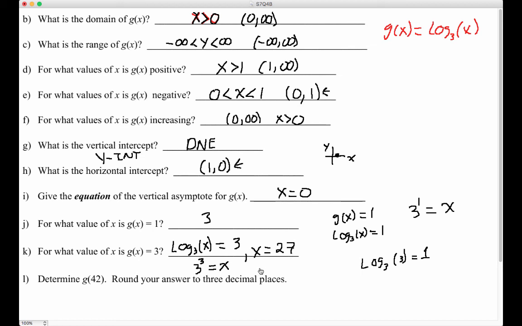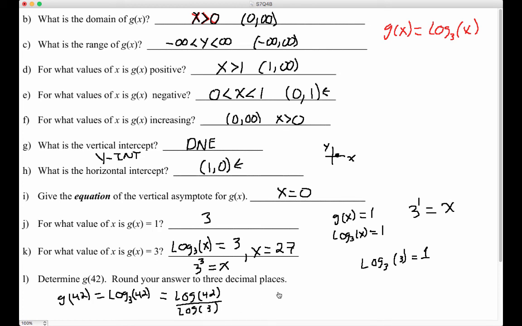Okay, determine g of 42. Round your answer to 3 decimal places. Okay, so g of 42 is going to be logarithm base 3 of 42. Well, we'll use the change of base theorem to help us out here. So that's going to be common log of 42 divided by common log of 3.